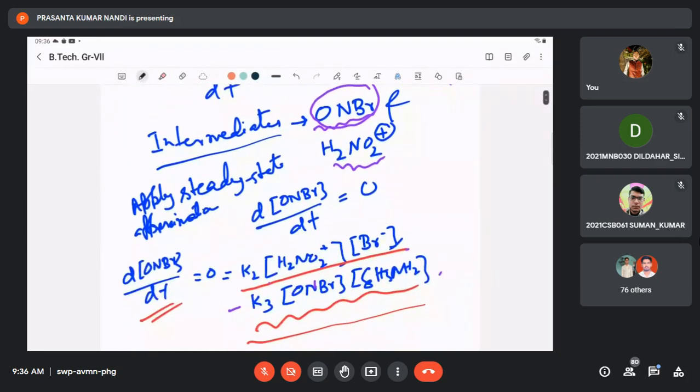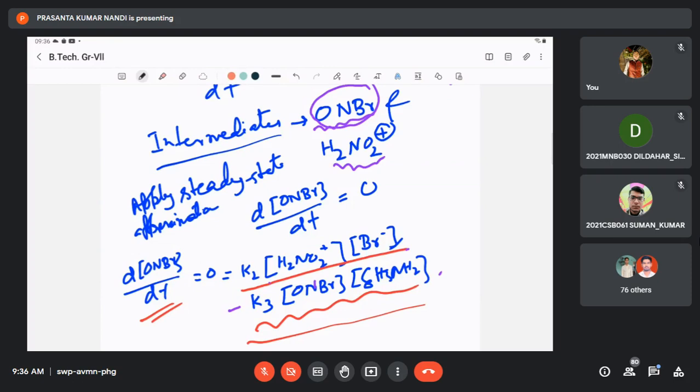So we write this. First, we write d[ONBr]/dt, the derivative of the concentration of ONBr. Now, what is the rate of formation of ONBr?